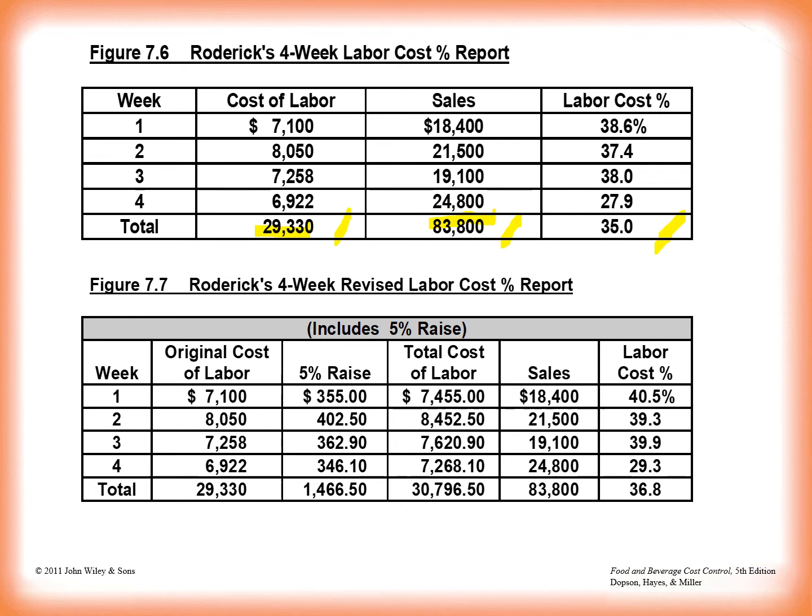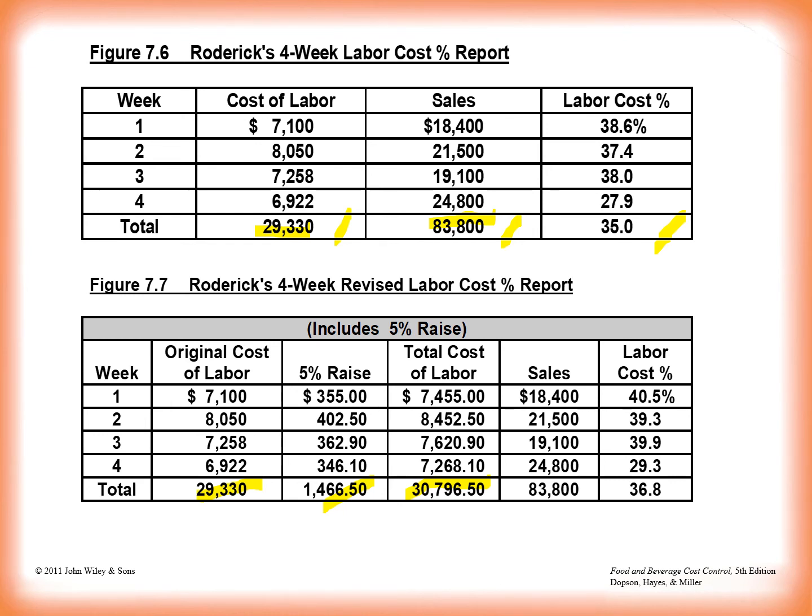Now I can use this to decide, well, what would it be like if I gave a raise? So here I have my $29,000 in labor cost, and here I've multiplied it times 0.05 to get a 5% raise. I add those two together and get this $30,796.50.